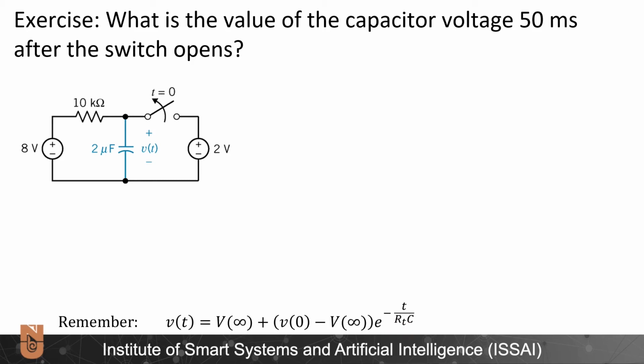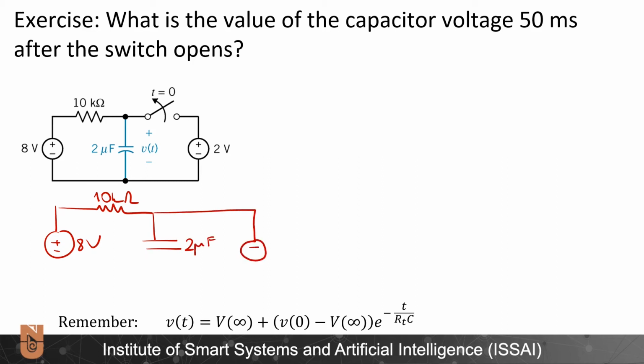Before t is equal to 0, the circuit has an 8 volt source, a 10 kilo ohm resistor, and a 2 microfarad capacitor, and this is directly connected to a 2 volt voltage source.